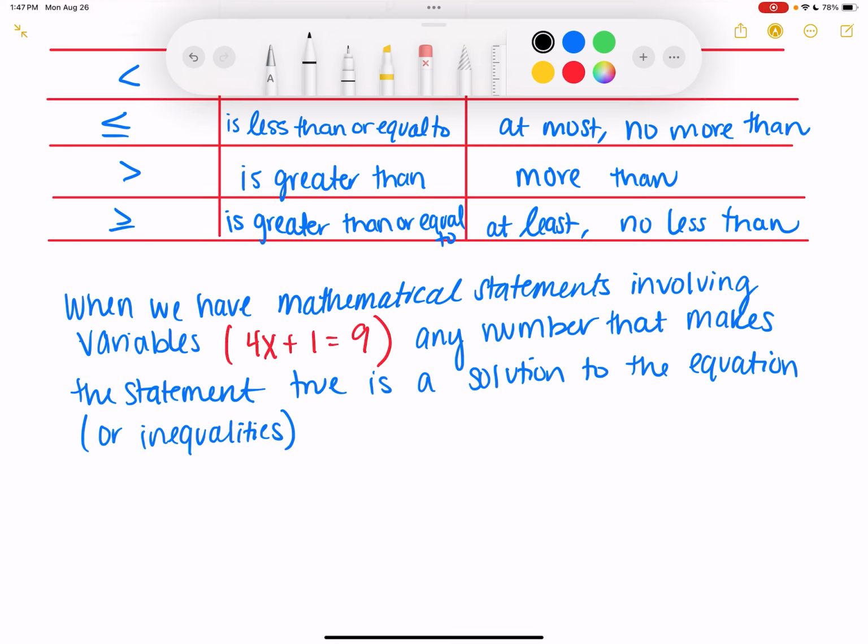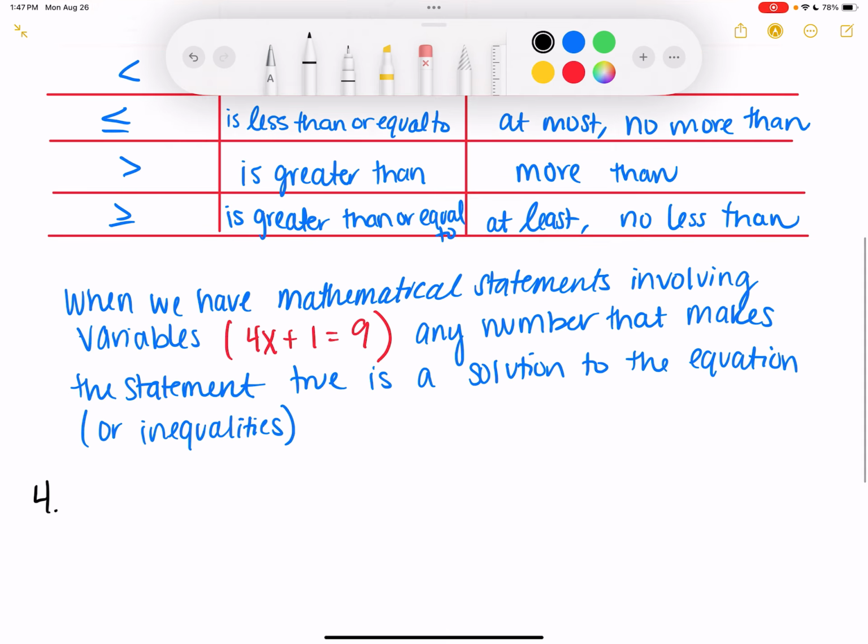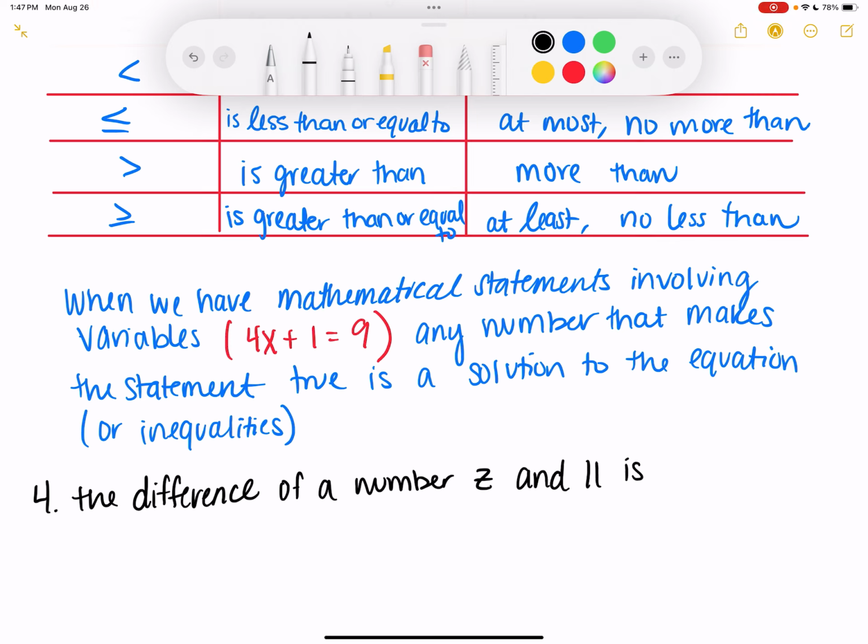And so number 4 says the difference of a number z and 11 is equal to 35. So the first part of that, a difference of a number z and 11, how would I write that?